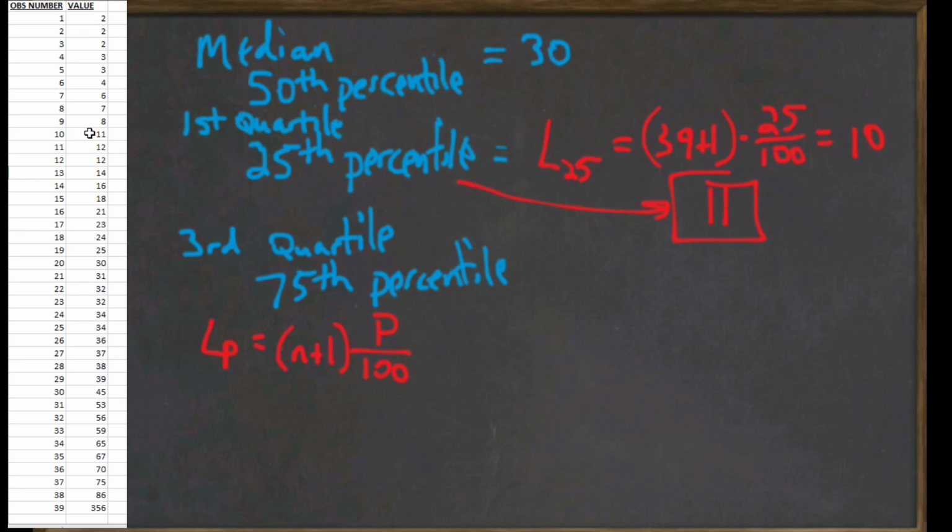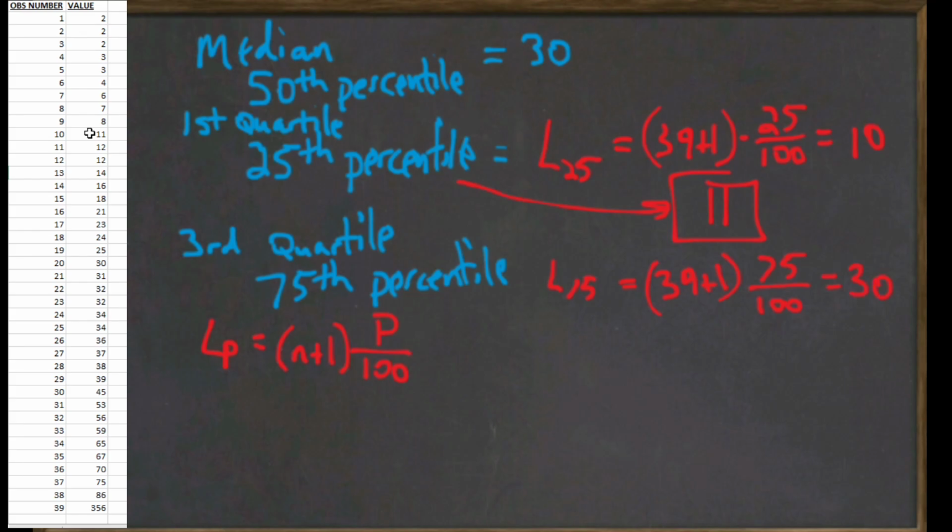Similarly, with the 75th percentile, L75, again, this is 39 plus 1. So that's not going to change at all, but what percentage we're looking for does change. So now we want 75 out of 100. And again, the math here is pretty simple. This is 40 times 75 over 100, which is going to come out to be 30.